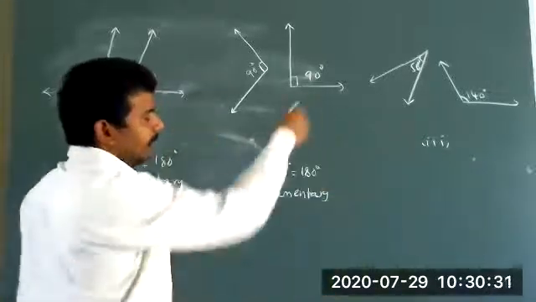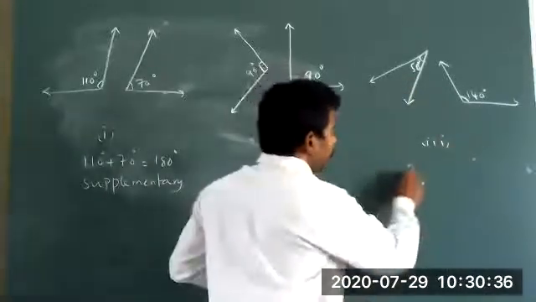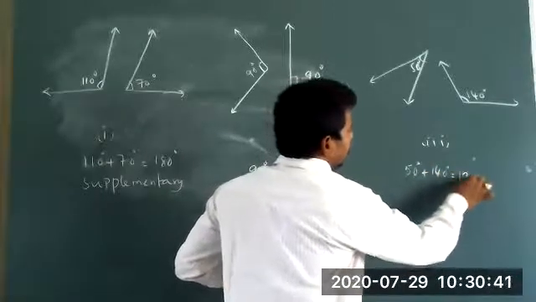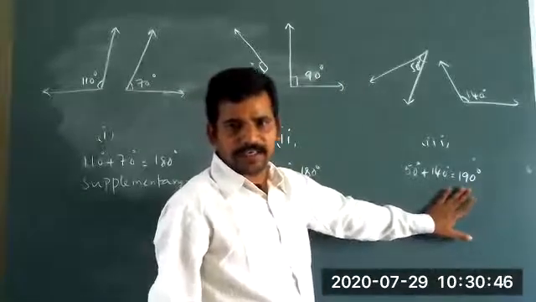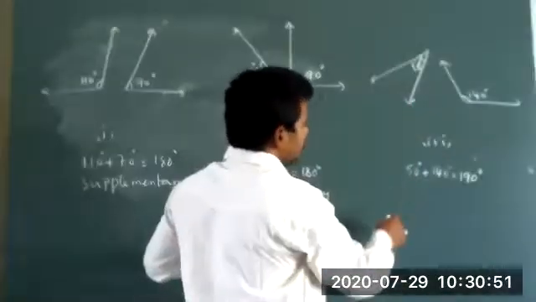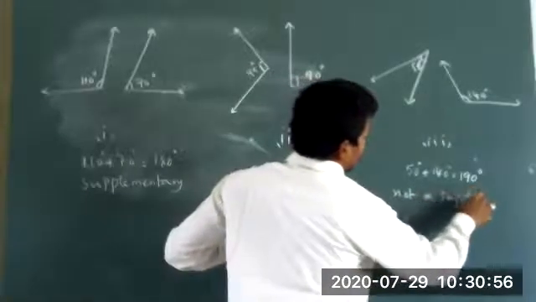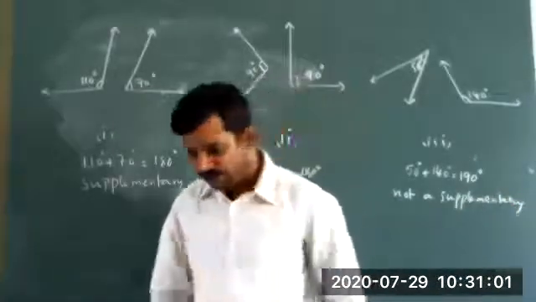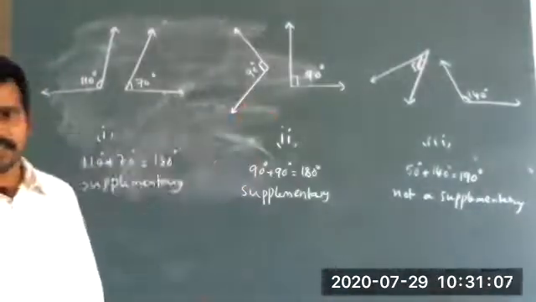Now take the third pair, 50 and 140. 50 plus 140, total how much, children? 190 degrees. This 190 is more than 180, so it is not supplementary. The first pair is supplementary, the second pair is also supplementary, and the third pair is not supplementary.